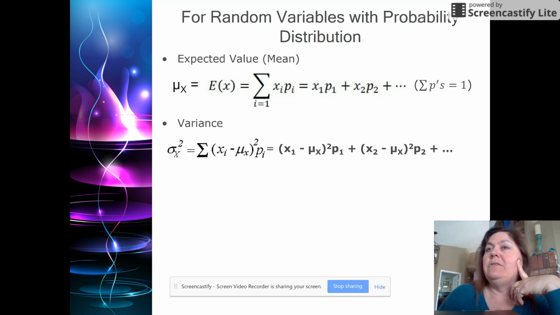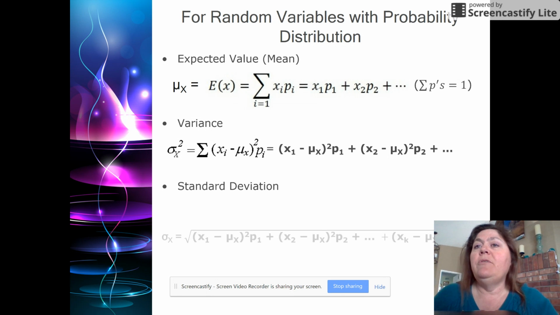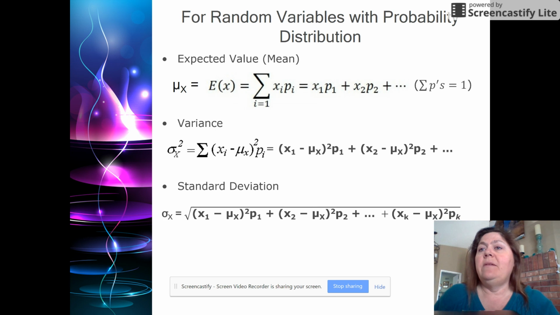So this is what it looks like broken out: X1 minus the expected value squared times P1 plus X2 minus mean sub x squared times P2, etc. And of course, the standard deviation is that same thing, but now with the square root taken.